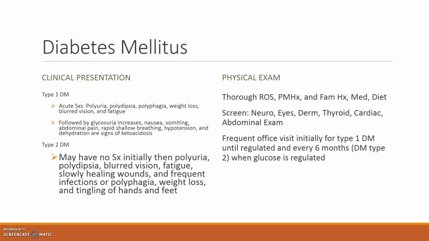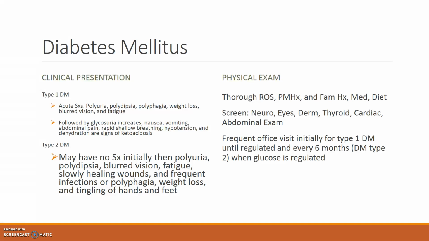Type 2 might have no symptoms initially, then they're eventually going to experience that increased thirst, increased urination, blurred vision, fatigue, slow wound healing, frequent infections, increased hunger, weight loss, and tingling of the hands and feet from peripheral neuropathy. So look at the physical exam parameters, really head to toe everything.